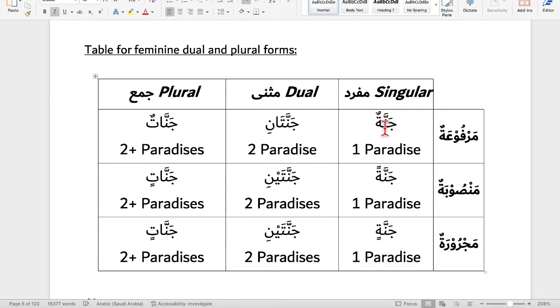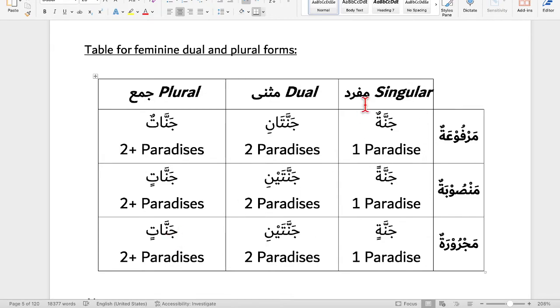In the marfu state the dual is jannatani and the plural is jannatun. So one paradise, two paradises, and more than two paradises. In the mansoob form: jannatan, jannataini, jannatin. In the majroor form: jannatin, jannataini, jannatin.